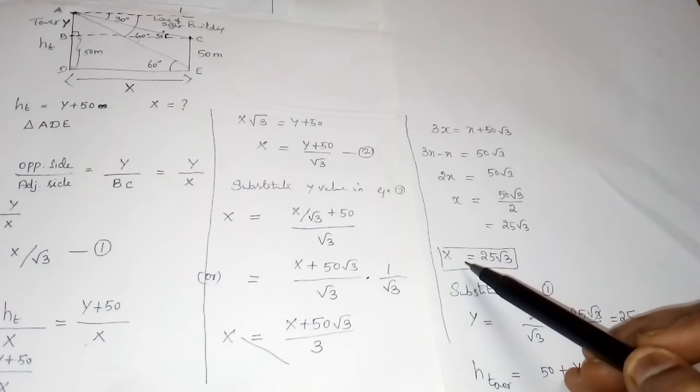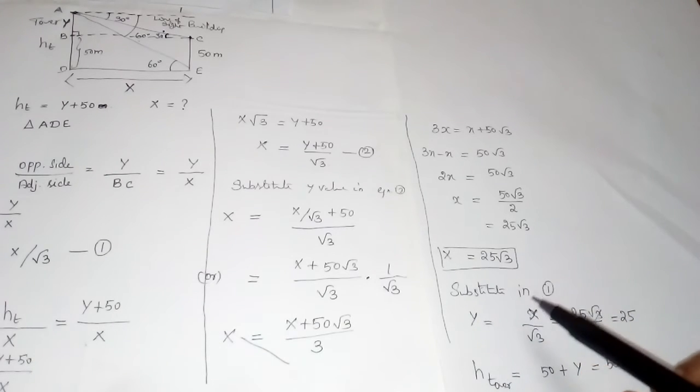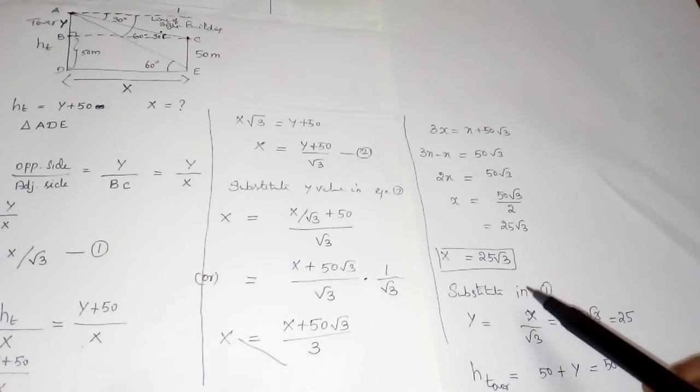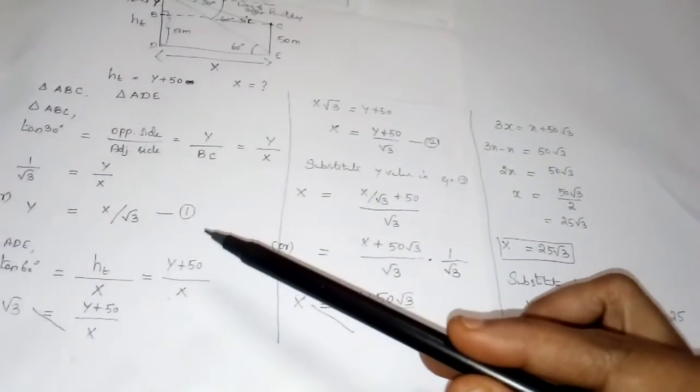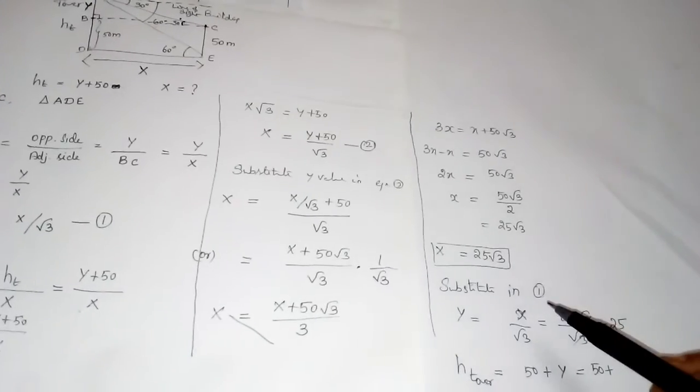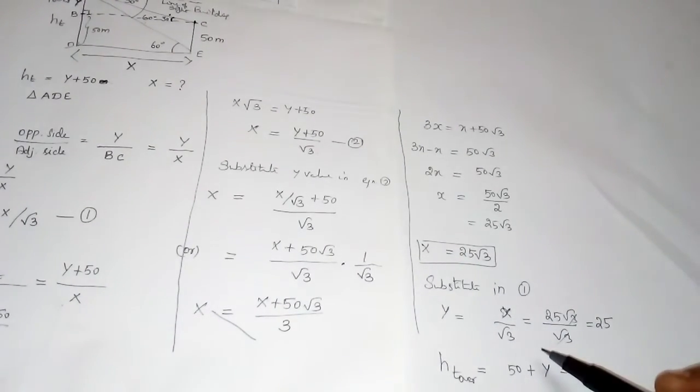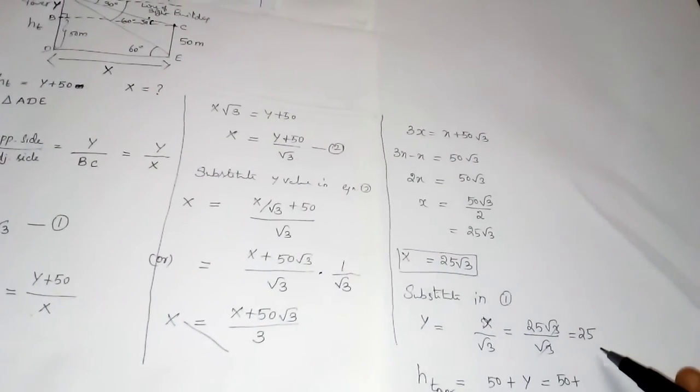So the horizontal distance between the tower and the building is 25 root 3. Substitute this in equation 1, that is y equal to x by root 3. If you substitute the x value, you will get y as 25.